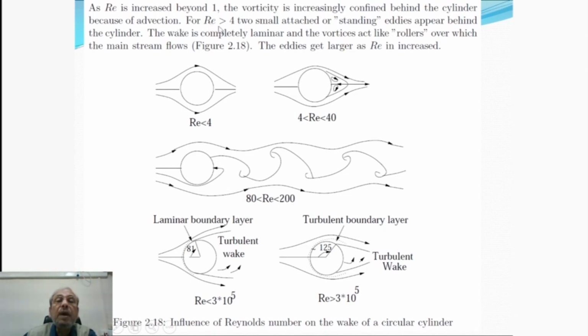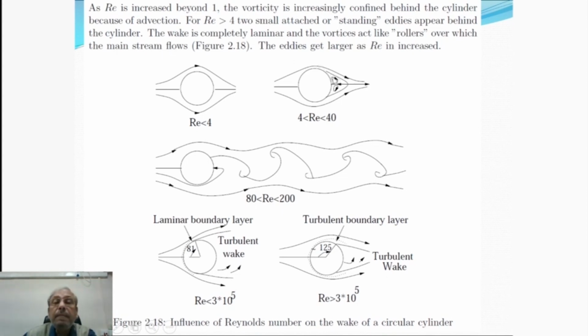For Reynolds number greater than 4, two small attached or standing eddies appear behind the cylinder. The wake is completely laminar and the vortices act like rollers over which the main stream flows.